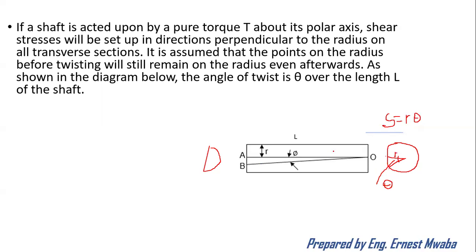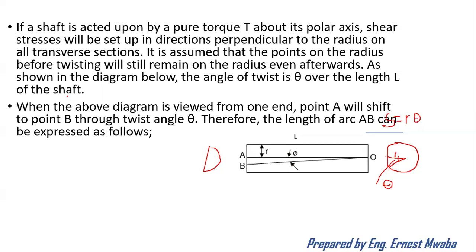Now, if you look at this from the other end, along the length of the pipe, this is approximately equal to this, because we are still talking about the 2 points, A, B. In that case, the length of the shaft behaves like your radius, and the angle phi is the angle through which the shaft has been twisted when you look at it along the length. Hence, the two become the same. We're saying R theta is therefore equal to L phi.